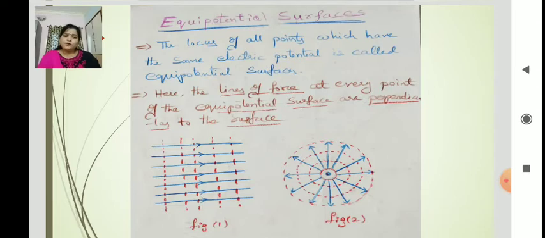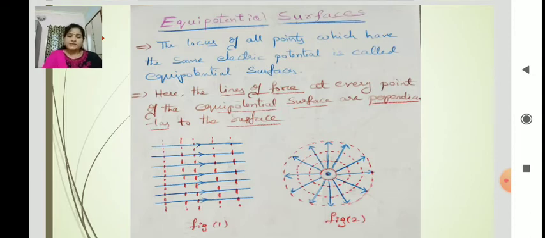There the lines of force are parallel to each other, and the lines of force at every point of the equipotential surface are seen to be perpendicular to the surface. The equipotential surfaces are shown in red.